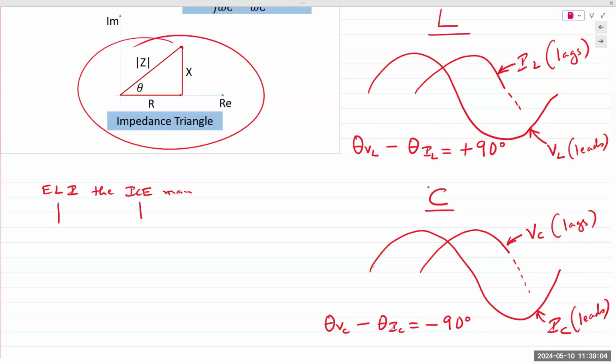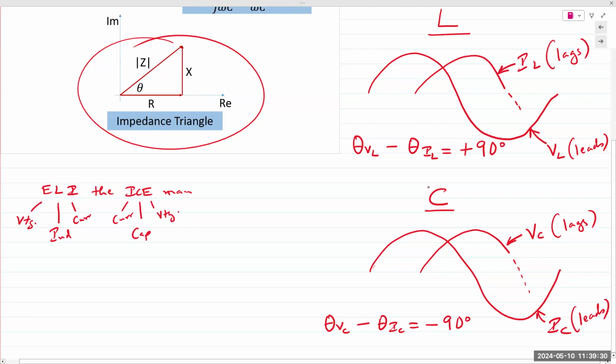Everybody knows by now what L stands for. And C stands for inductors and capacitors. I stands for current. Take a wild guess what E stands for. Voltage. Electromotive force, EMF.